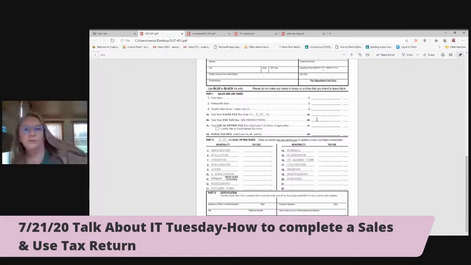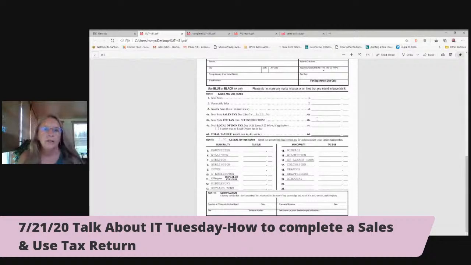If I have use tax, which is supplies that I purchase where I don't pay sales tax if I purchase them from out of state, and if that item is subject to sales tax here in Vermont, I would have to pay use tax on that amount of money. So to give you a prime example, New Hampshire, which is about a 35-minute ride from my house, has no sales tax.